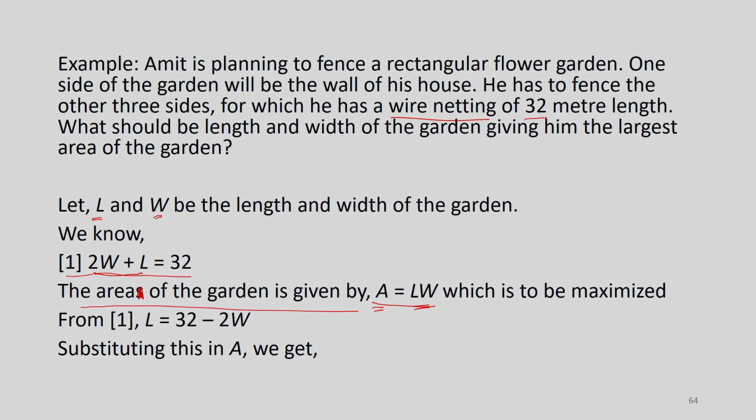At this point we do not know how to maximize a function which has 2 independent variables, so we have to do something about this form of the function.